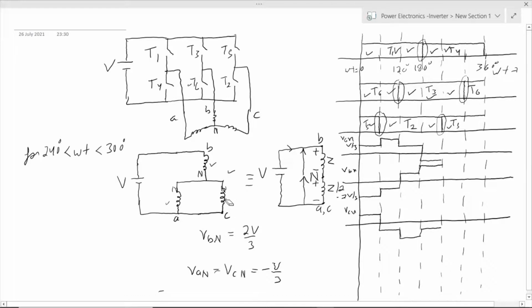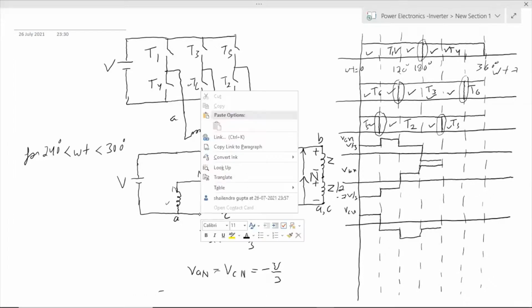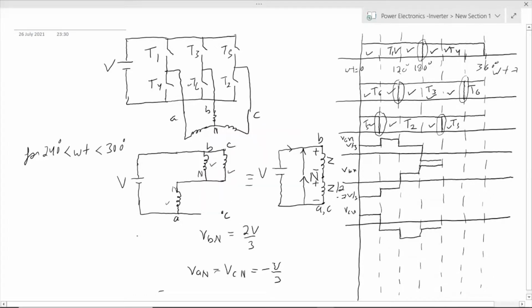So we should remove this, and we should connect our C phase to V potential. Okay, and A phase will be connected to neutral point like this. Then again we can change. So B and C will be above. This will be Z by 2, and from here we can remove. So this is the real picture.